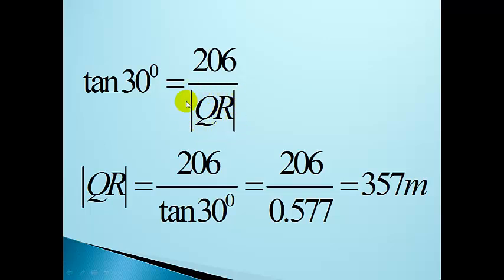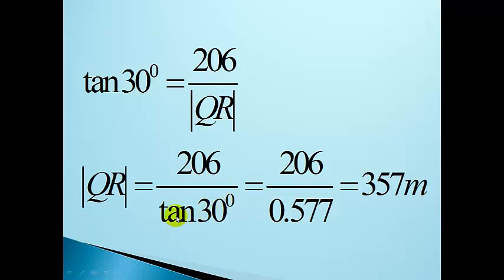So after cross multiplication and dividing through by tan 30 degrees, we have QR is equal to 206 divided by tan 30 degrees. I'll give this to you as an exercise, that from tan 30 degrees equals 206 divided by QR, make QR the subject and see whether you will get QR equals 206 divided by tan 30 degrees.